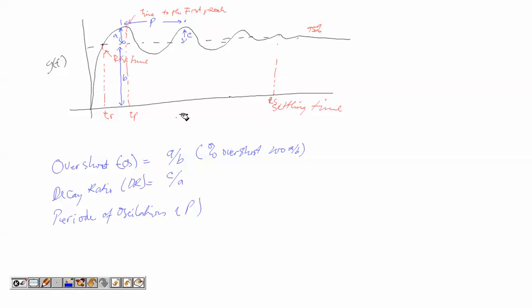So this is the time axis. TR is the rise time, TP is the time to the first peak, and TS is the settling time. So 95% reaches the new steady state here, and the error from the new steady state of about 5% we consider as the settling time.